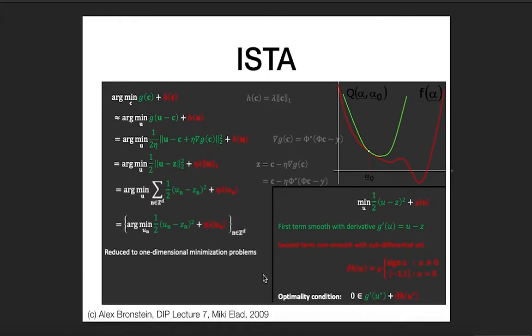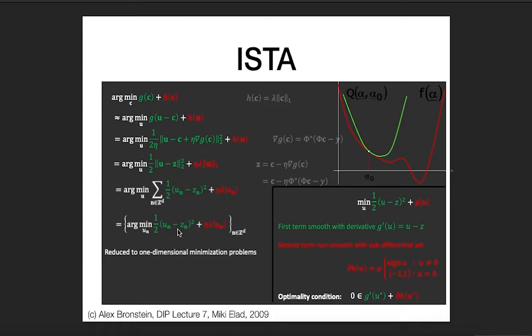So we can write it like this, and by a simple replacement of variables, you can write it as z. Since everything is separable, instead of solving this problem you can just solve n one-dimensional problems, which is easier because you can parallelize it.